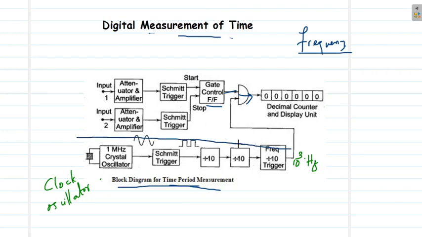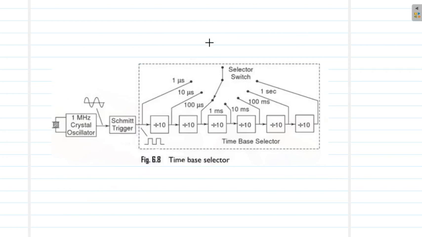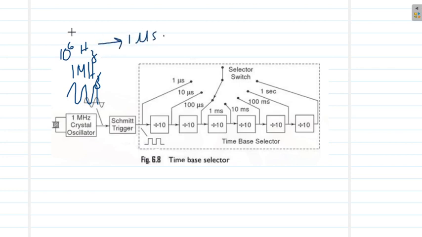So this part, we have a 1 megahertz crystal oscillator that is producing sine waves with 1 megahertz frequency, that is 10 raised to 6 hertz. And this actually corresponds to a time period of 1 microsecond, because we know frequency is equal to 1 by t.